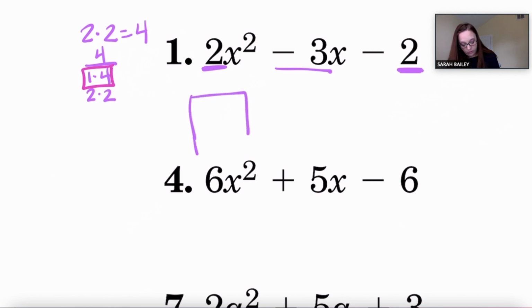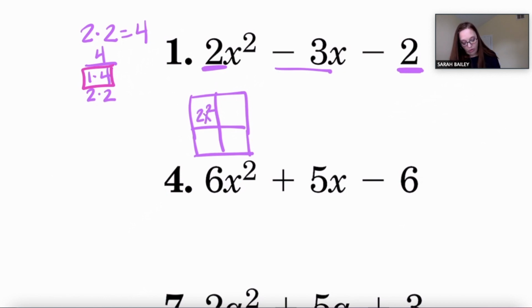Now make your box. I'm not going to do my parentheses yet. We're trying to figure out this time what goes on the outside of the boxes. Well, we know that this box has to be 2x squared, so I'm going to write 2x squared right there.